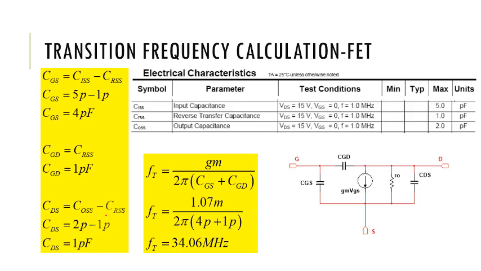Okay, so we apply from the datasheet for this transistor. We have three AC parameters, which are the input capacitance, reverse transfer capacitance, and output capacitance.